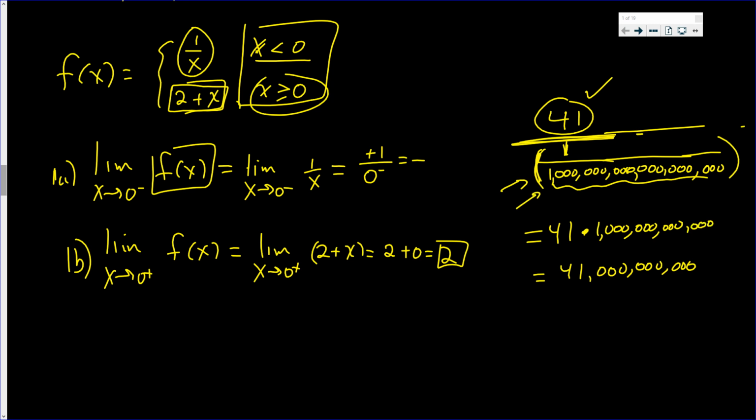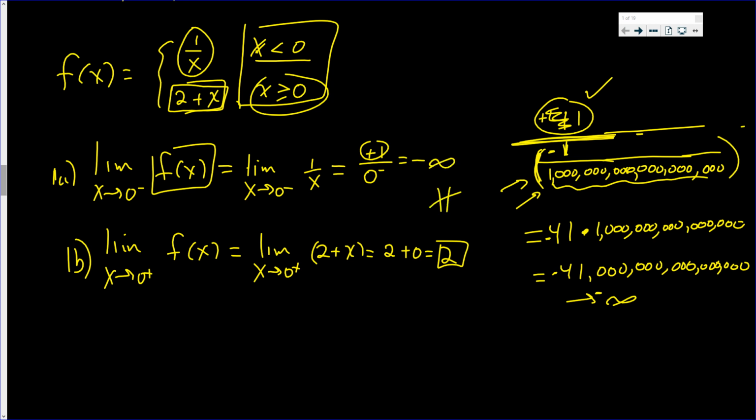Well, it's just going to have some more zeros. I'm not going to count that I put the right number of zeros. But the bottom line is it's going to infinity. And since the top is positive, and if you want to put 1, go for it, and the bottom is close to 0 but negative, positive over negative is negative. It's going to negative infinity.